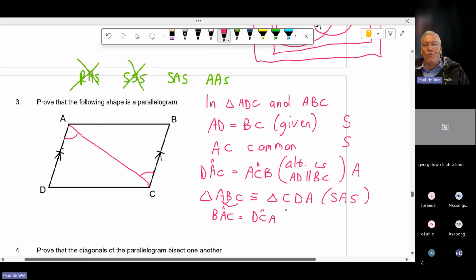DCA. The reason for this is because these triangles are congruent. The very last thing: if these angles are equal, what do I know about the lines AB and CD? They must be parallel. AB is parallel to CD, because the alternate angles are equal.